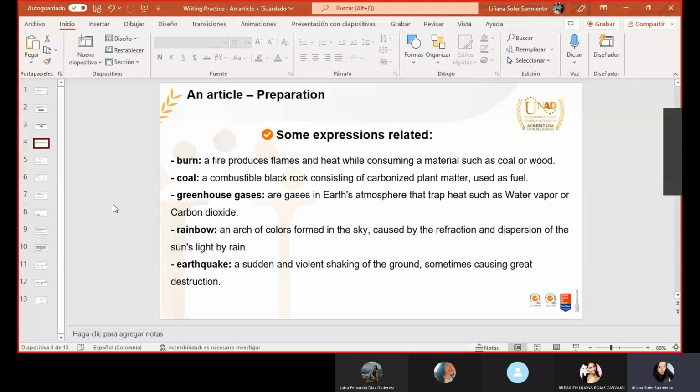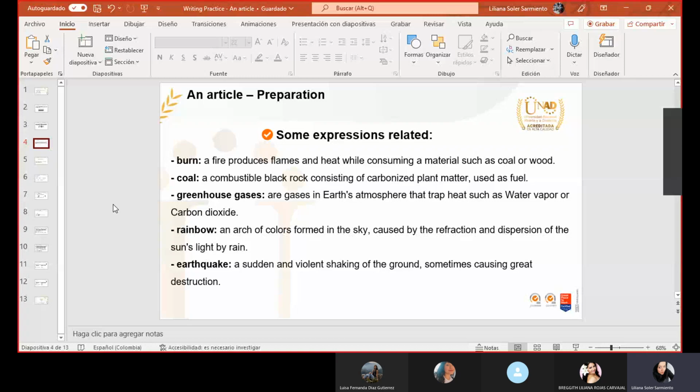Okay, next expression. Karen Cecilia, could you read the following expression, please? Greenhouse gases. Are gases in Earth's atmosphere that trap heat such as water vapor or carbon dioxide. Yes, exactly. In Spanish is gases de efecto invernadero.